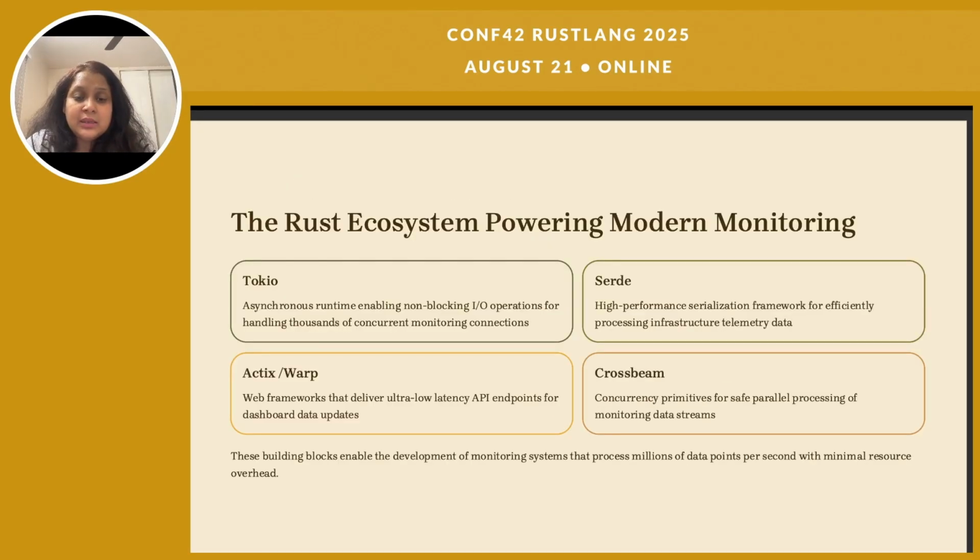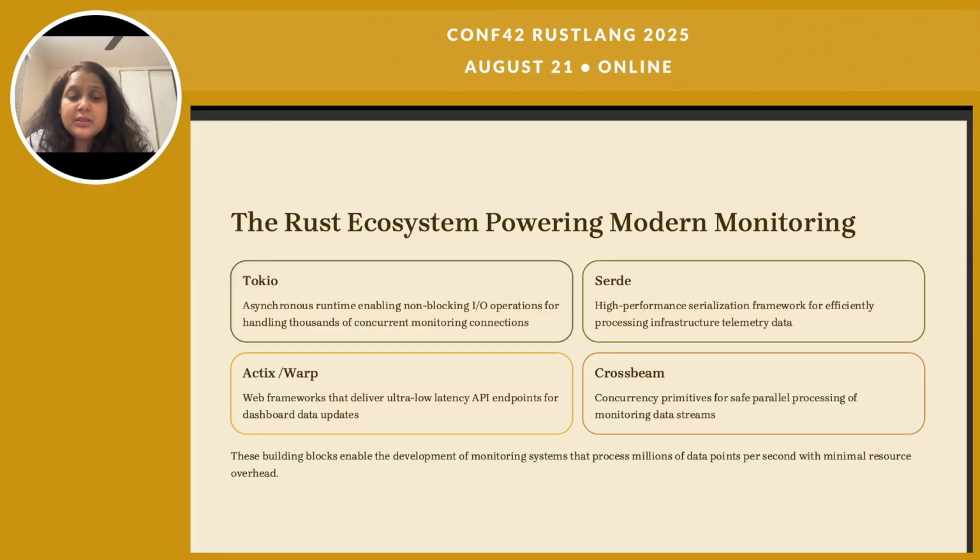Now, the Rust ecosystem. Although the language is very powerful, the ecosystem is what makes it completely production ready. To get to the production stage, we need maybe Tokio for an asynchronous runtime optimized for millions of concurrent IO bound tasks. That is perfect for telemetry ingestion.